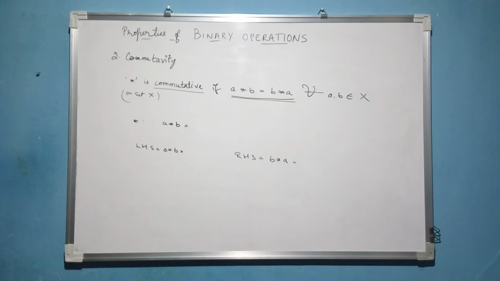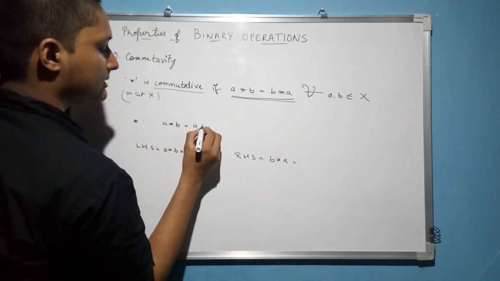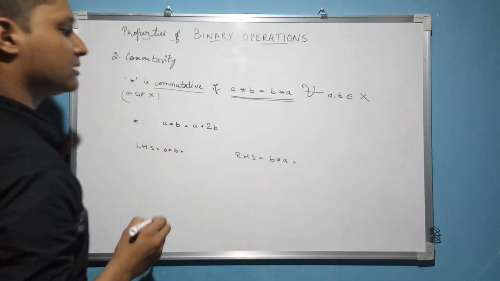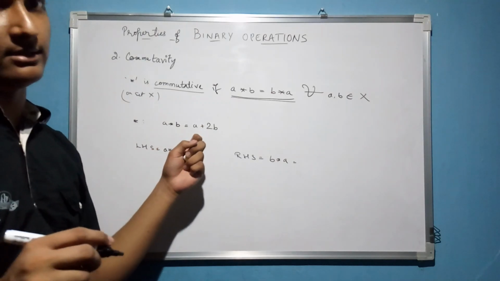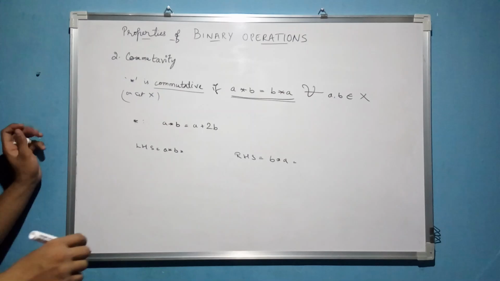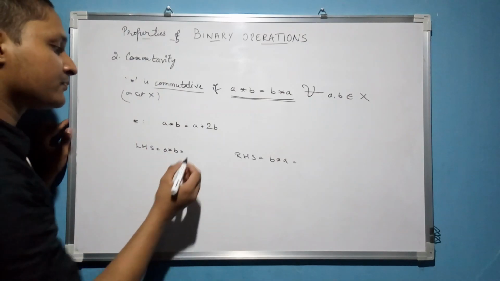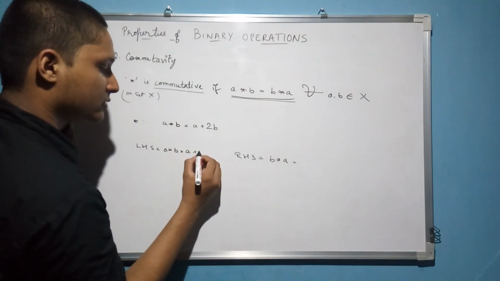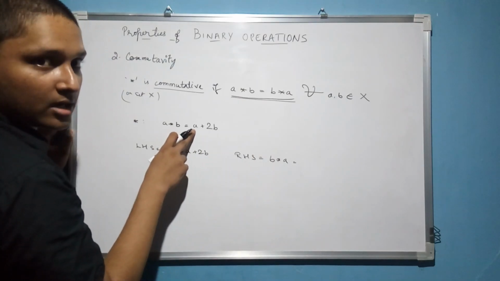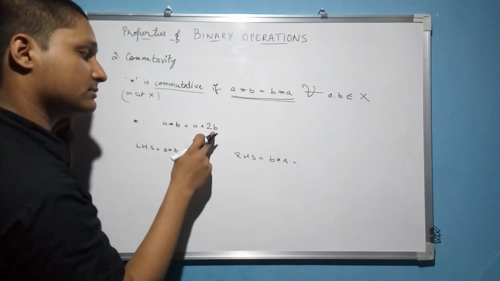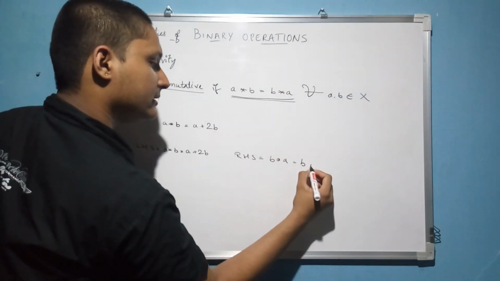Say A star B is equal to A plus 2B. Okay, this is a simple addition, but in this case you have one 2B here. That makes a difference whether it is commutative or not. So A star B is A plus 2B. B star A is, in place of A, B comes. In place of B, A comes. So this is B plus 2A.